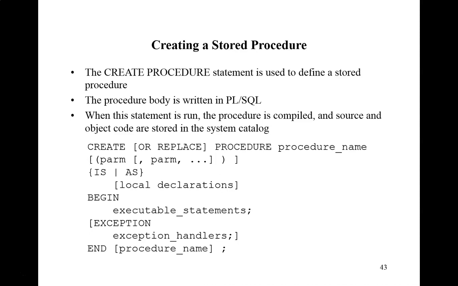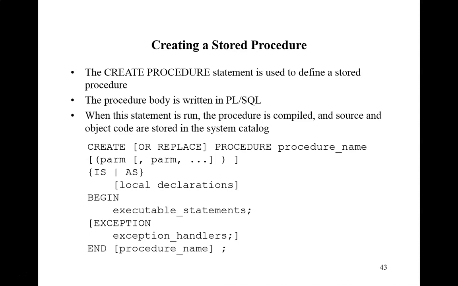Then we can use either the word is or the word as. There's no difference. It's just a matter of preference. And then we declare local variables and subroutines, whatever is necessary. We have the executable section, and optionally, we can have exception handlers.